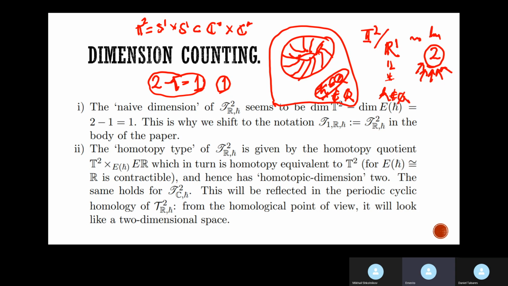Again, for h not in Q, the convolution algebra associated to the foliation is the so-called algebra of the non-commutative torus that we have mentioned before. It's a non-commutative algebra.